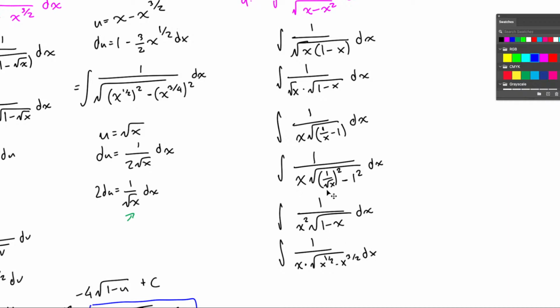How did I get two different? Because I took a root x, I took an x back in there.